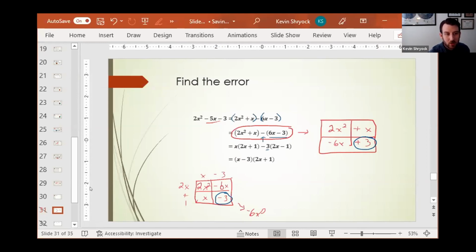And sure, they pulled out a 3, but then they got 2 things that look different, even though it should be two things that share that dimension of 2x plus 1. And they just simply corrected it in the math because it didn't work out. That's not math, that's symbol pushing. Check it. If you have the area model, you can double check it like a nice applicable Sudoku puzzle.